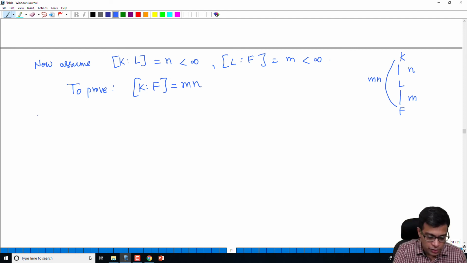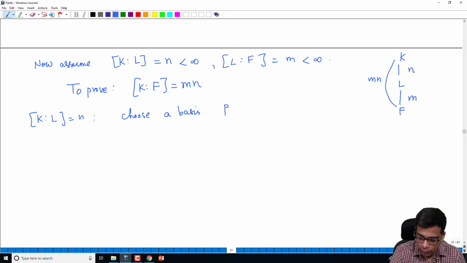So what do we do? Since K colon L is equal to N, choose a basis which I will call beta 1 through beta n over L, right? So K as an L vector space has dimension n, so I can choose n vectors which form a basis.